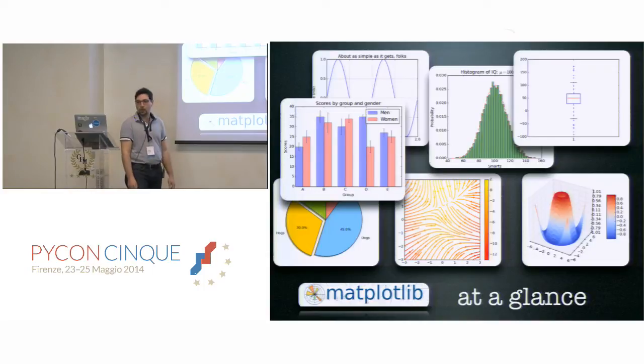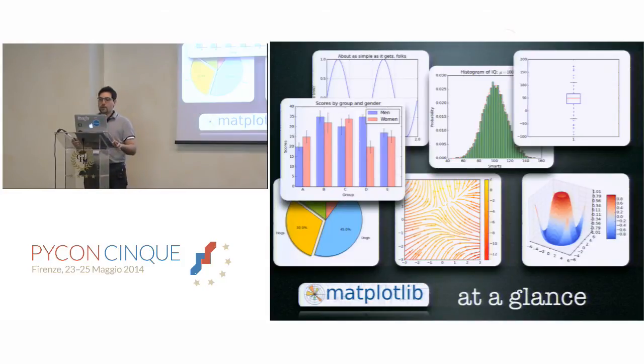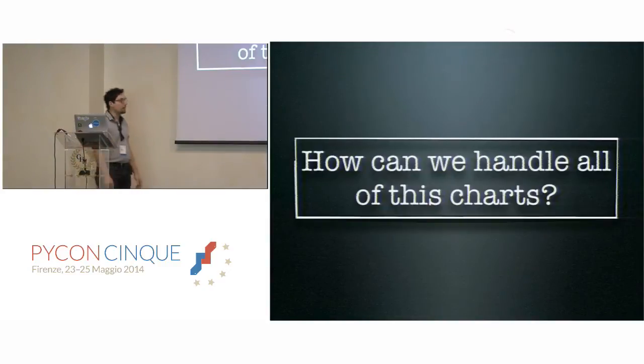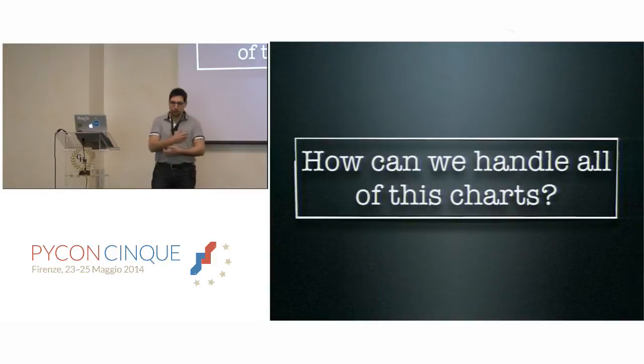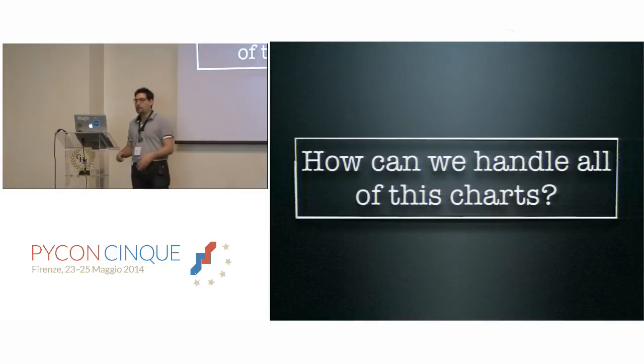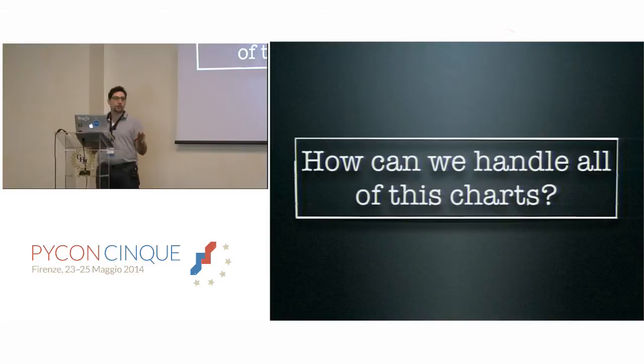Okay, so this is a very restricted subset of the entire set of charts you can produce with Matplotlib. So how can we handle all these charts? The idea now is to take a very brief look at the effort needed to produce charts with Matplotlib, and to wonder in which case you should use one chart instead of the other.